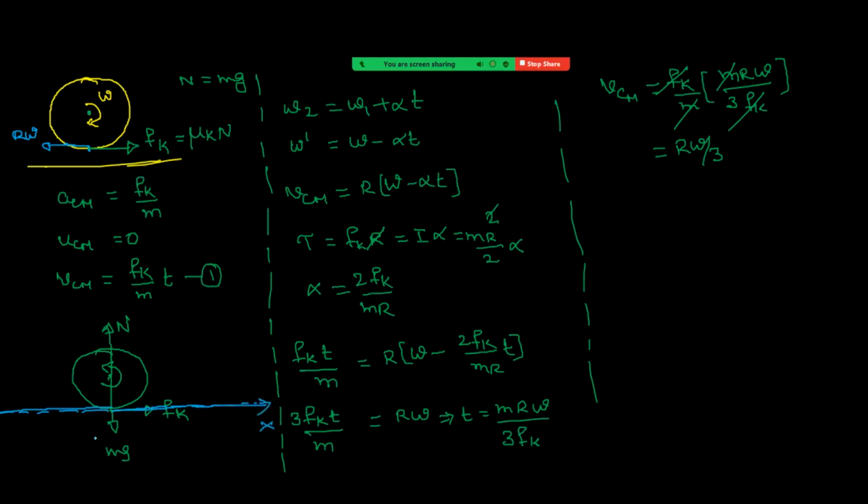Focus now. If you take any point on this line, since this is a wheel, only one point will be in contact with the ground. And that point will always be on the x-axis only, right? The contact point will always be on the x-axis.